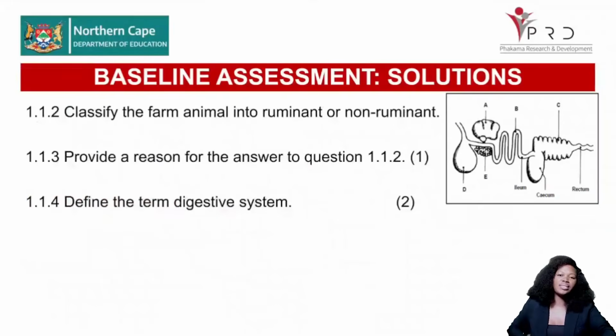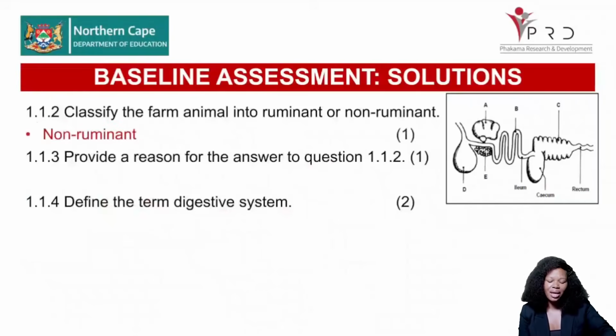Now let us look at 1.1.2. Classify the farm animal into ruminant or non-ruminant. Remember, I said you were introduced to these, so you should be able to classify the farm animal illustrated alongside. When classifying, I want you to state whether the animal is a ruminant or a non-ruminant.